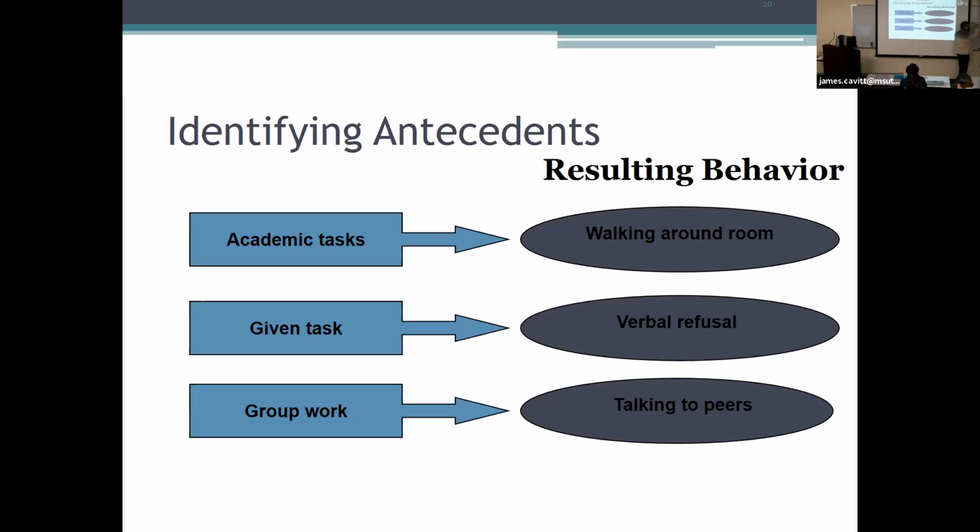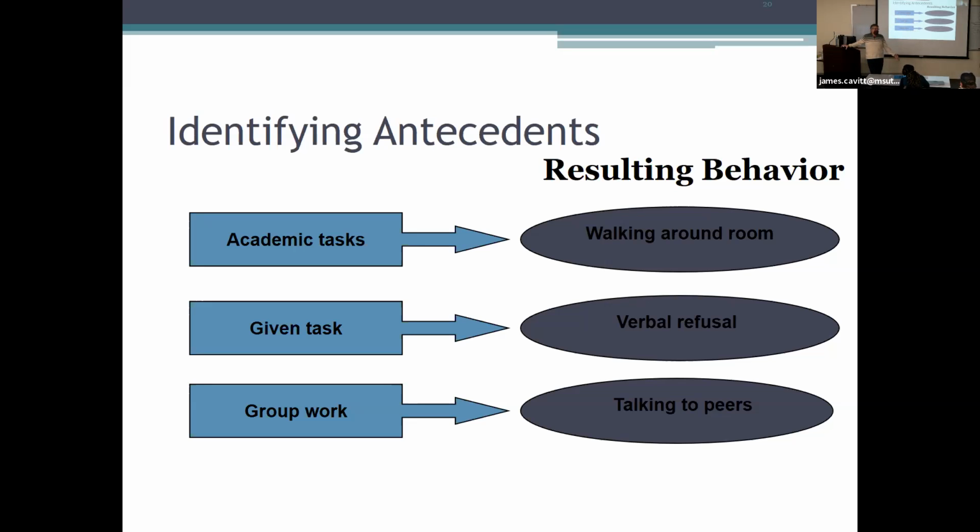Setting and triggering antecedents have a significant effect over how that student engages in the next piece of the chain. For this example, maybe his walking around the classroom is to escape the academic task. Do we have any clue about that yet? What if it's walking around the classroom to get attention from others?